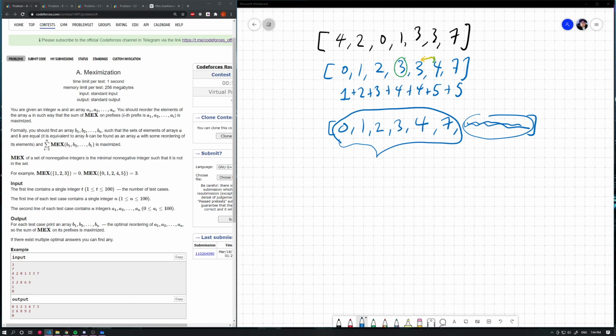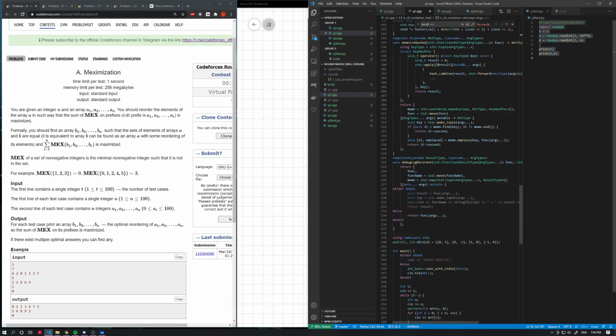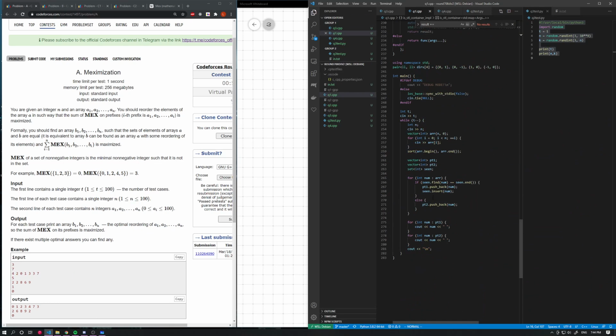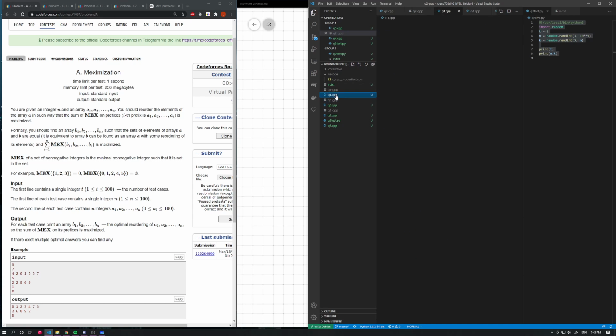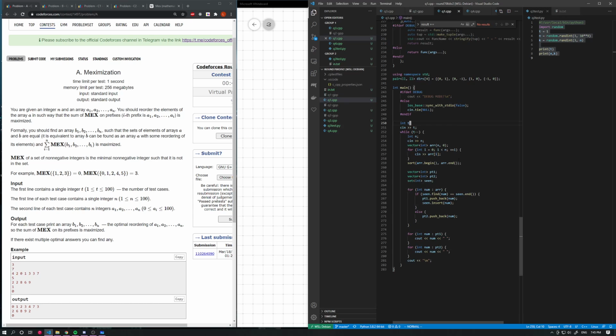Give me one sec. Yeah, so the way I did it was I sorted the array, and then I had a set of numbers that I've seen so far, and if I haven't seen it, I push it back to my part 1 vector.